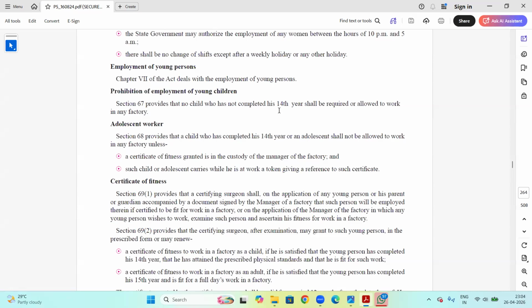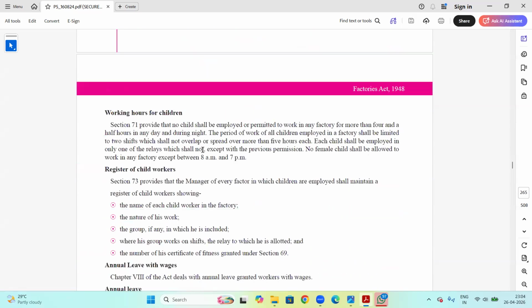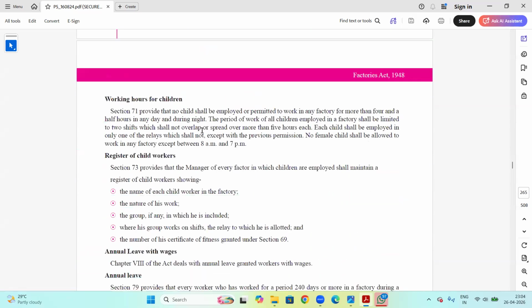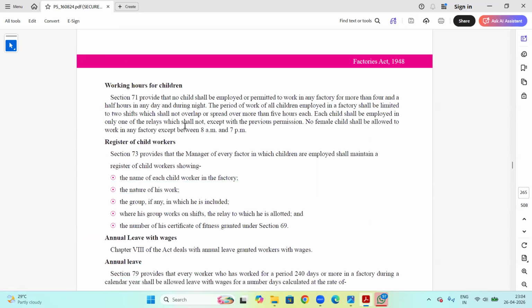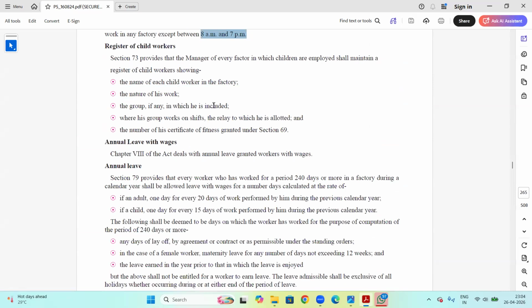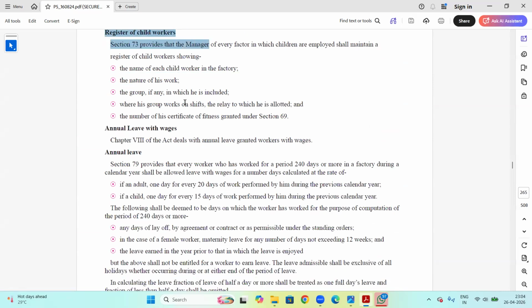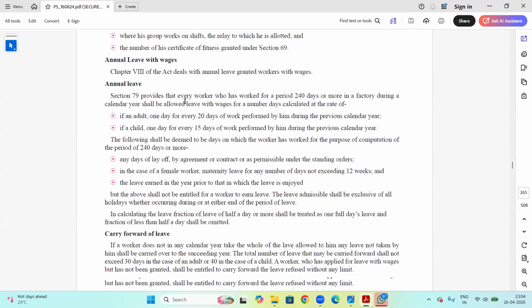If a child has attained 14 years, that person with a certificate of fitness may be allowed to work under certain conditions. Working hours of children are 8 a.m. to 7 p.m. Similarly, a register of child workers shall be maintained.